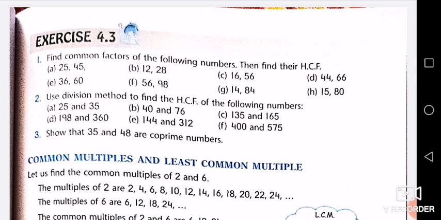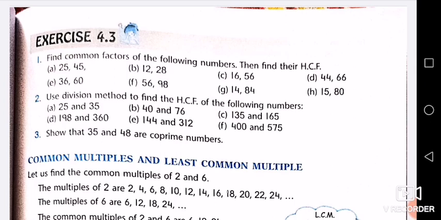So you are supposed to find the factors of the first number, then the factors of the second number, then find the common factors of both the numbers, and then find the highest common factor of the two numbers. This method will be applicable for more than two numbers also. So let's do the questions and understand how we will do them using our factor method.